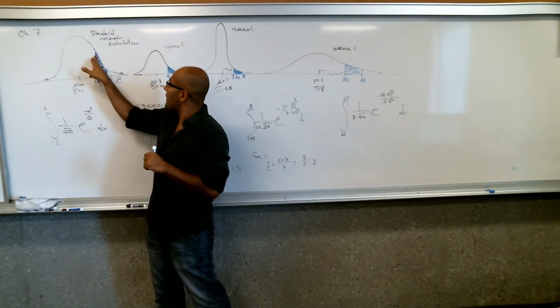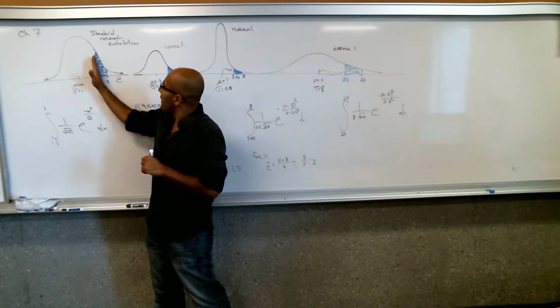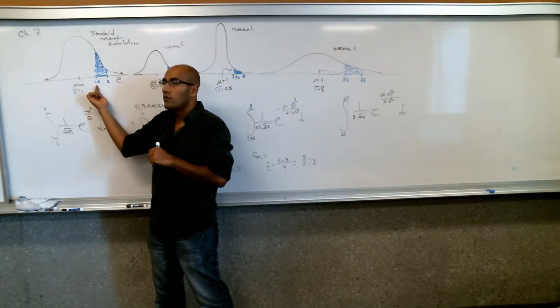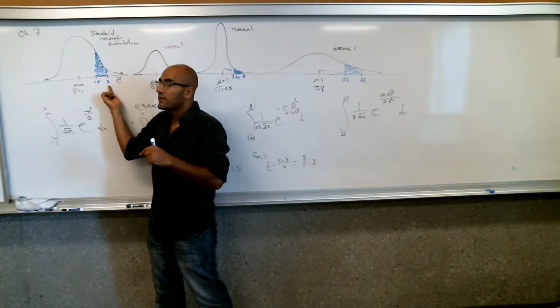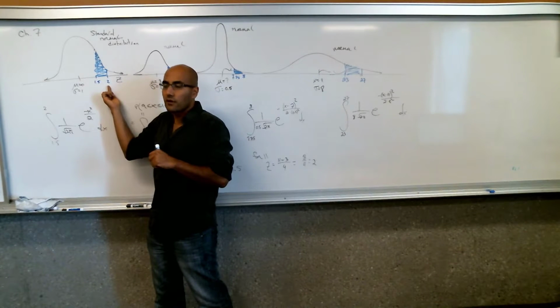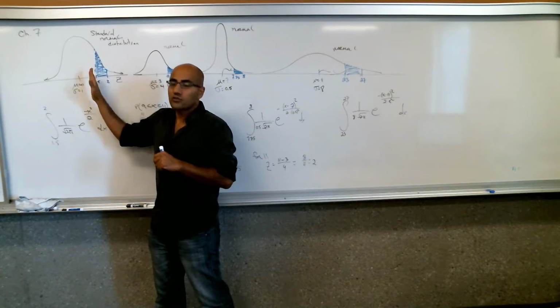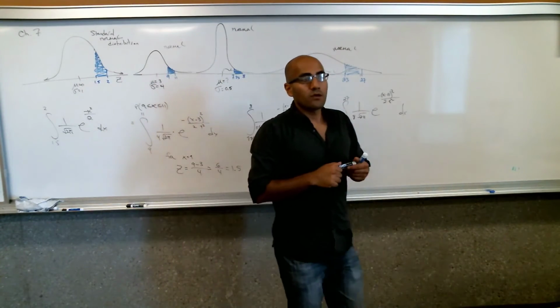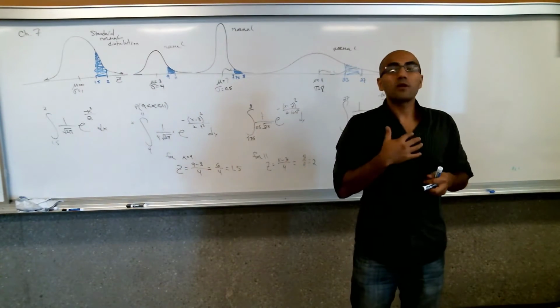So you wouldn't be able to find this answer directly. You're going to find the area to the left of a z-value of 1.50, and then find the area to the left of 2.00, and then you subtract those two, and you're able to get the particular slice we're interested in. Good? Questions?